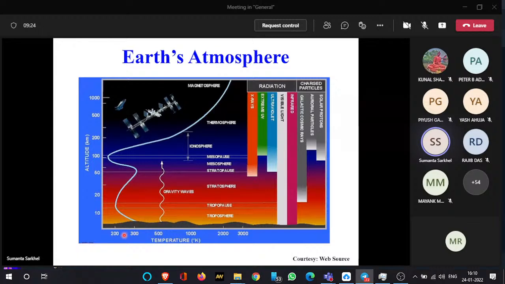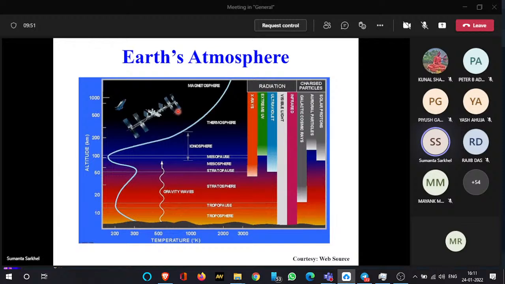Then there is the stratosphere, then the mesosphere, and in the thermosphere we have the International Space Station and the space shuttles, in the 400 kilometers region. So in the thermosphere or the ionosphere, whatever you call it.